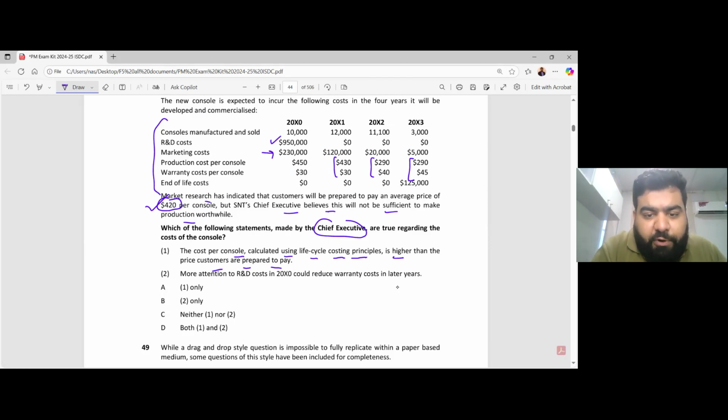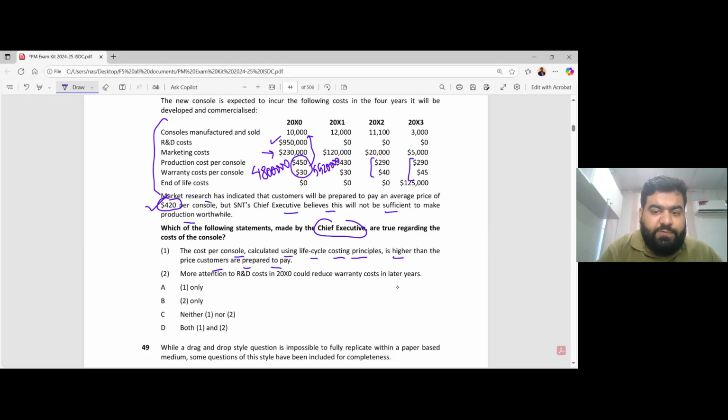Total means 450 plus 30 is 480, and 480 multiplied by 10,000 units is 4.8 million. Then 430 plus 30, 460 into 12,000, it's 5.52 million, that is 552 and then four zeros.